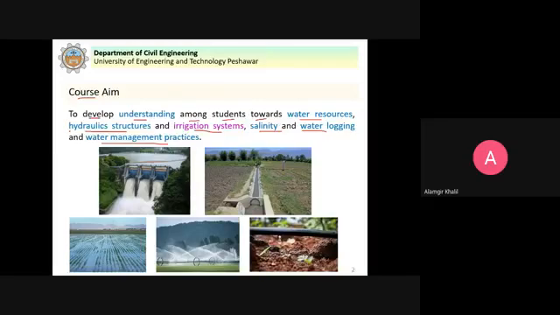Since we have water flowing in the rivers, we need to construct dams, which for example you can see here. You already know that a dam is a multi-purpose hydraulic structure. River water is variable throughout the year.